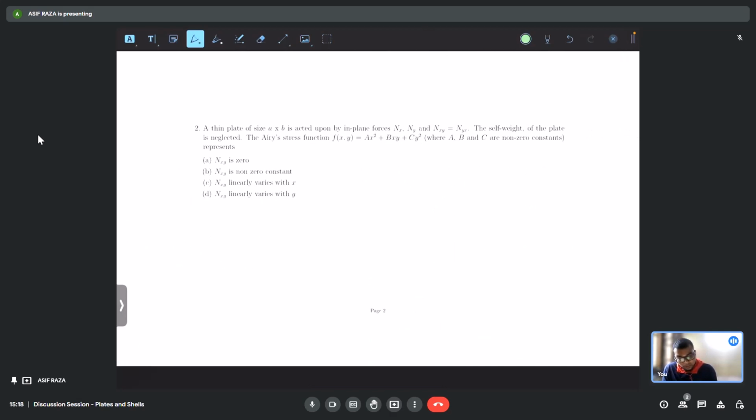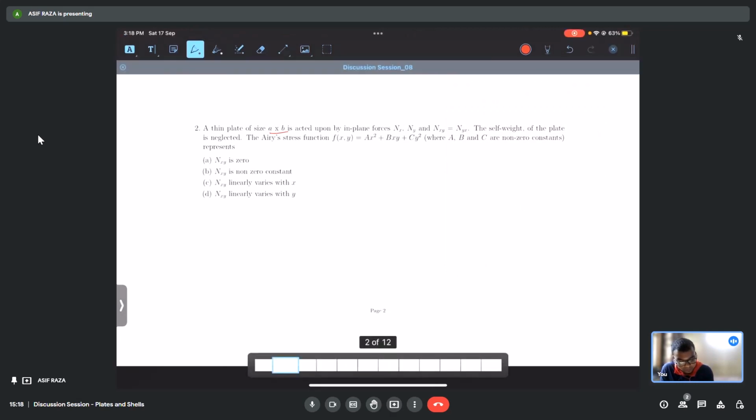There is a thin plate of size a by b acted upon by in-plane forces Nx, Ny and Nxy equal to Nyx. The self weight of the plate is neglected. The Airy stress function is given by this, where a, b, c are non-zero constants. What does it represent? The options we have are all relevant to Nxy.